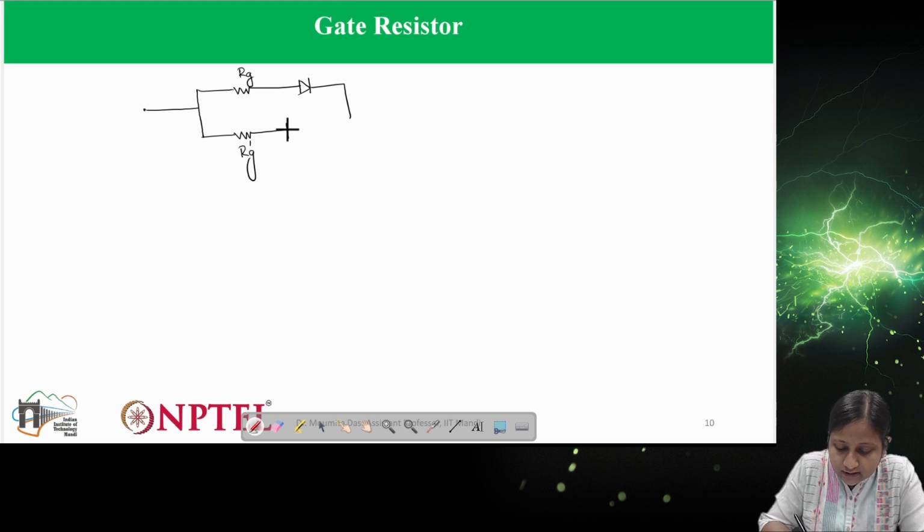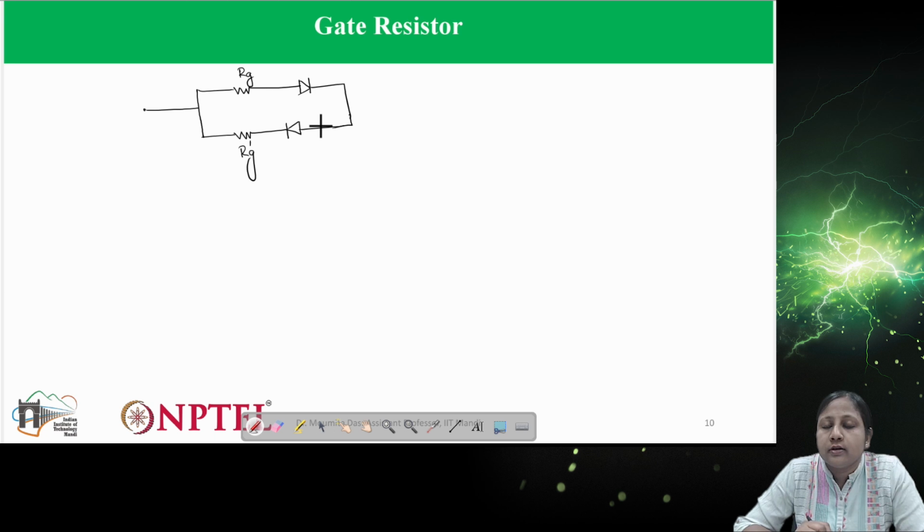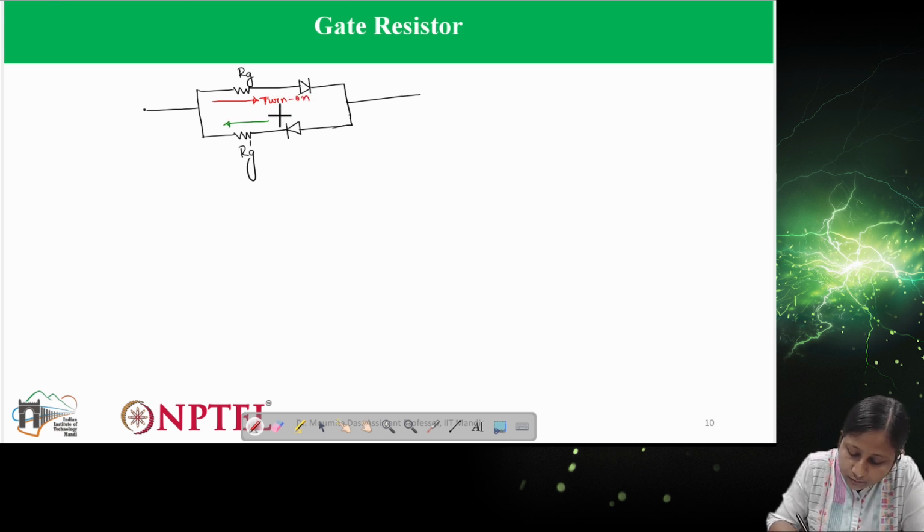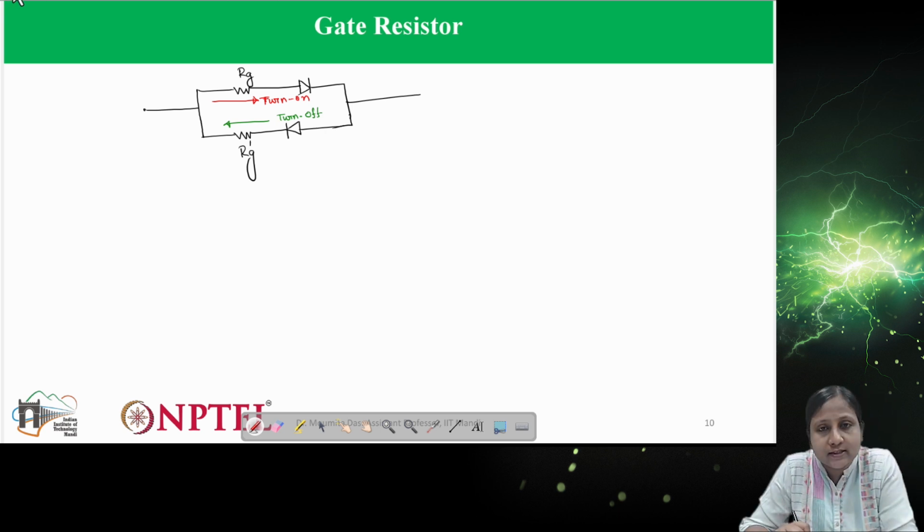This can provide the path for the discharge of the capacitor. So the path for turn on will come from here, and similarly the path for turn off will come from here. These are the two different resistances we can consider, and it will provide the optimal value.